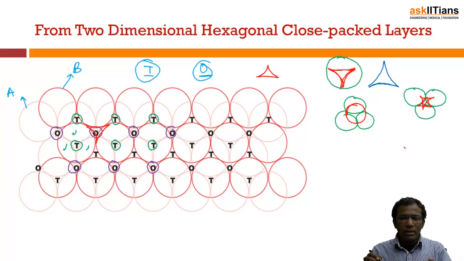So there is a triangular void directly below the triangular void formed in the second layer. So there is a triangular void formed in the first layer like this and in the second layer like this. So this void is surrounded by six spheres, so that's why it is known as an octahedral void, and the centers are forming an octahedron.